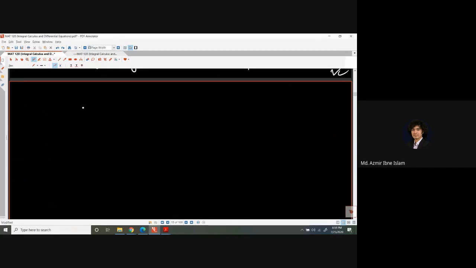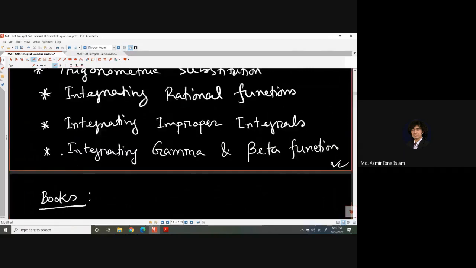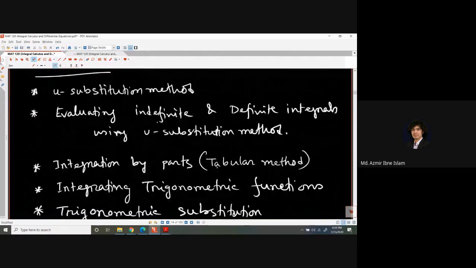But before that, I would like to suggest two reference books. Without the help of reference books or textbooks, we will not get the insights of these contents.